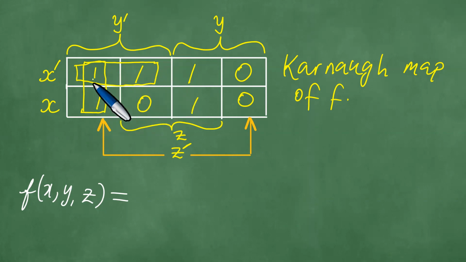So we put them together. But these ones here, they're part of the Y primed block. We put them together. Okay, so we have this one here. We put them together like this.